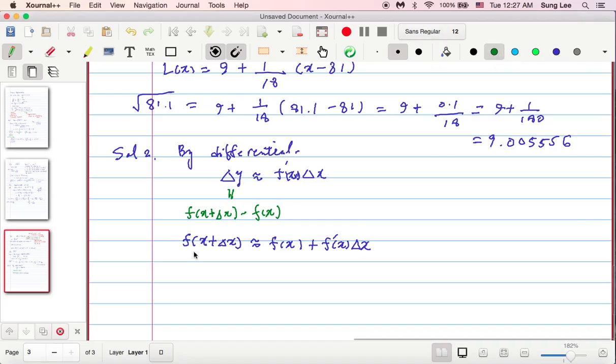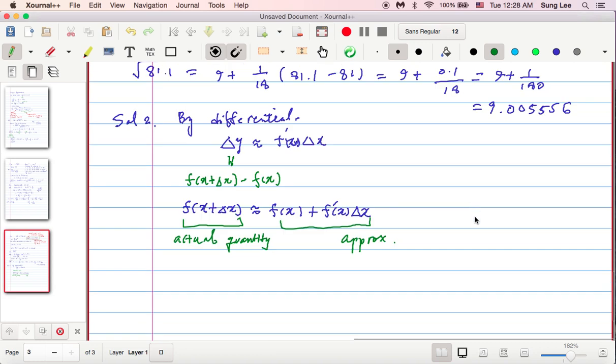In this case, the left-hand side is the actual quantity we want to calculate but is difficult to calculate by hand, and the right-hand side is the approximation, which is easier to calculate. So have that in mind.